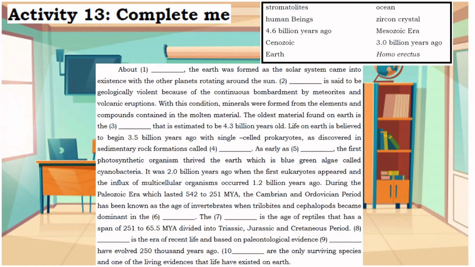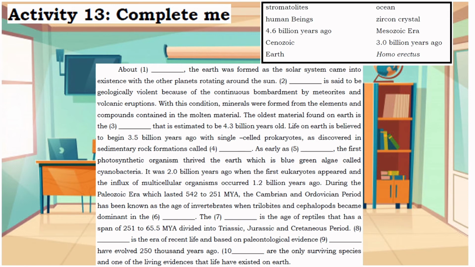You're now set for more learning opportunities to do the Activity 13, Complete Me. It is found on page 13 of your module. The direction again is very simple. What you're going to do is complete the paragraph by filling in the blanks with the correct word from the box.